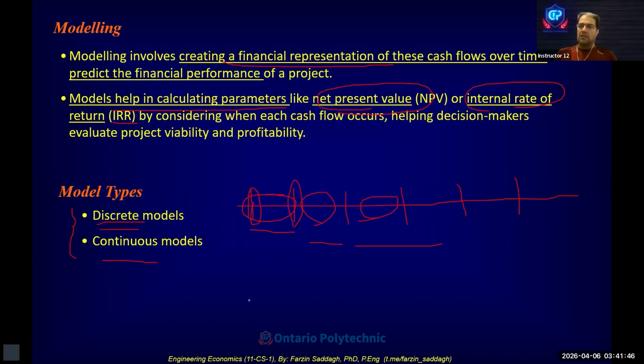The continuous model is something like the continuous compound model we defined in the previous session, when we have very small periods of time and an unlimited number of periods. Usually we use the discrete model because it's easier for calculation.